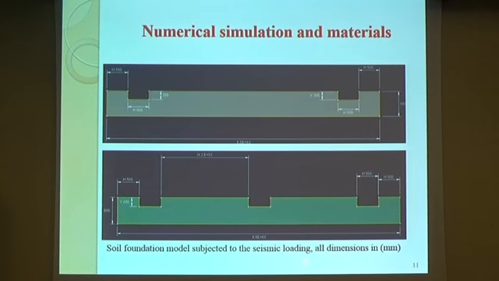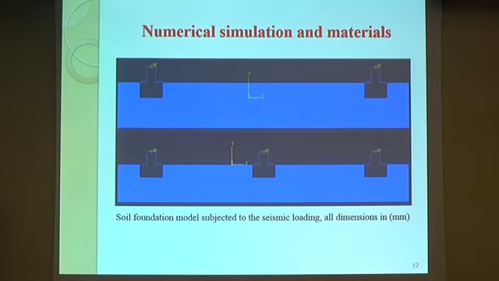At the end of the motivation, we come to the methodology, the numerical simulation and the material. We use two types of soil foundation. The first dimensions of both are the same, but the difference between the first and second is that here we added one more concrete foundation.